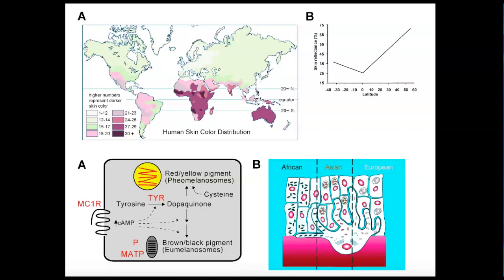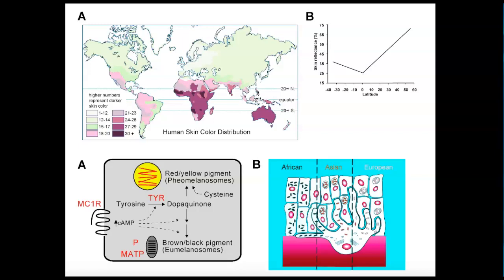We don't want that UV radiation to get into our skin because it breaks down folate, which is a B vitamin that's important for our body functions. So the closer you live to the equator, the more you are encountering high levels of UV radiation. So you have that darker skin tone to help protect that B vitamin that's in your skin.